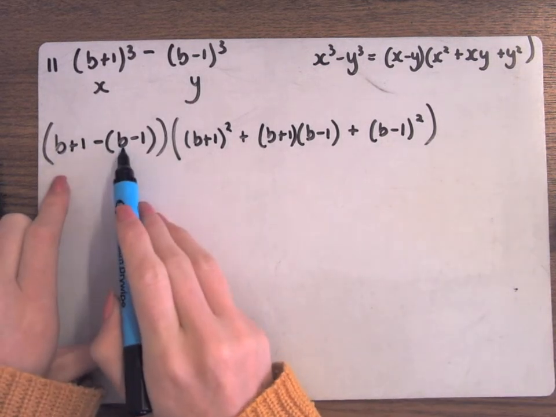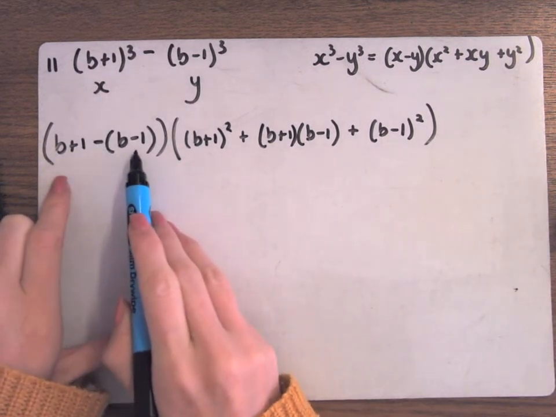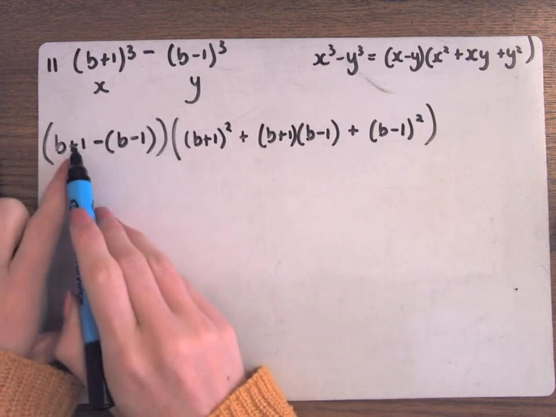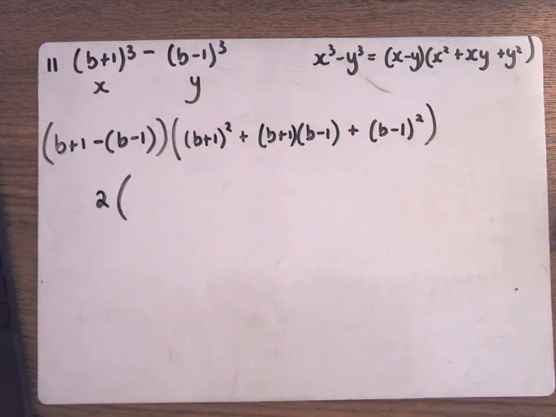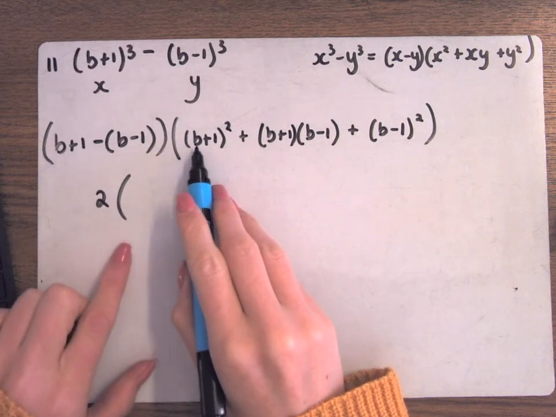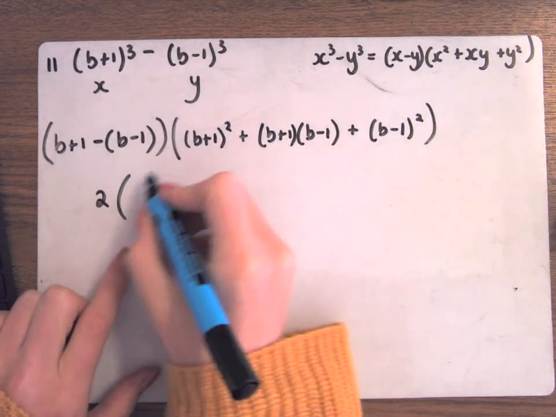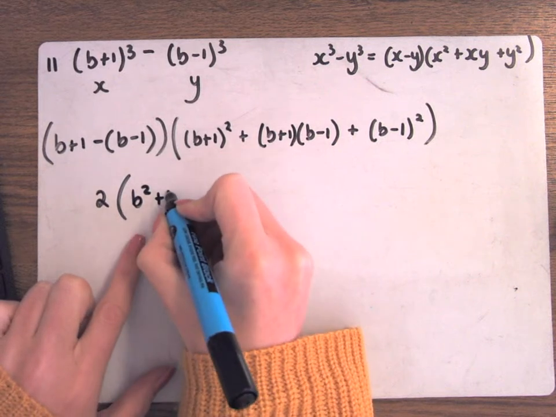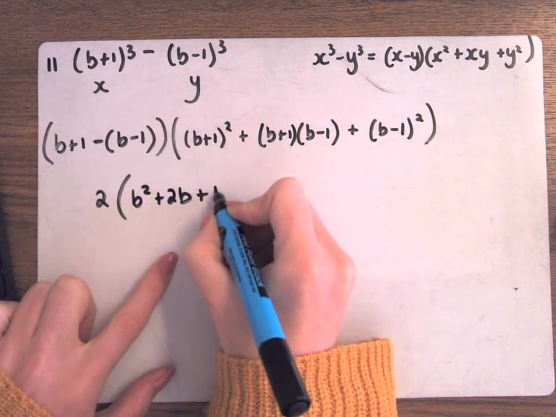Minus by b is minus b and minus by minus 1 is plus 1. So b, take b, cancel, and 1 plus 1 is 2. So I'm left with 2 on the outside. Okay, now square this out. Square the first. B squared. Product of the 2 multiplied by 2. 2b, and square the last 1.